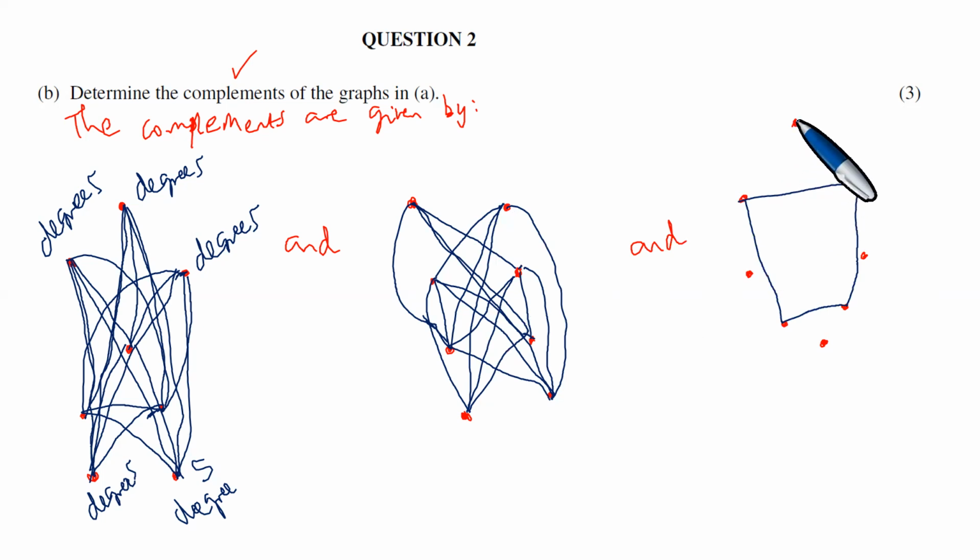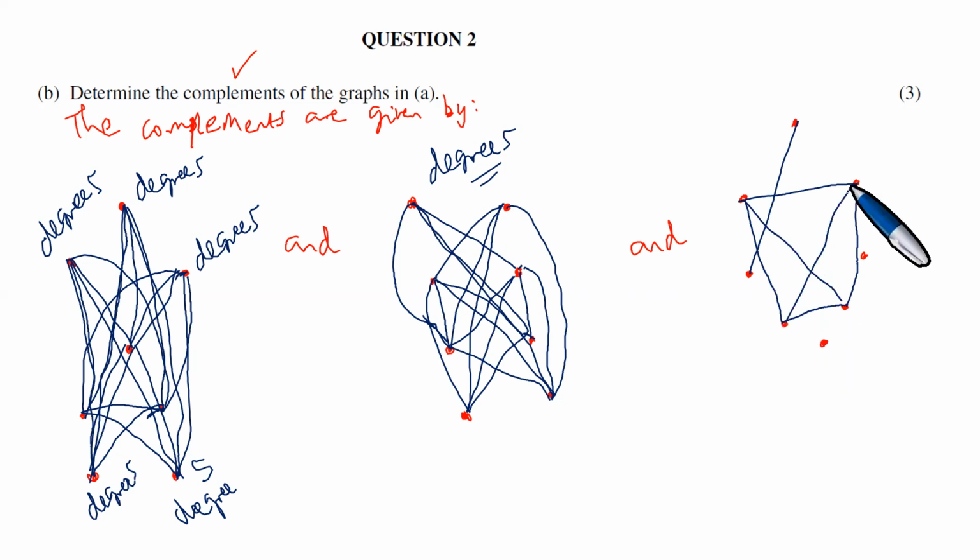And also join this one. Okay, but also I need to mention that each vertex here is of degree 5. Each of these vertices. Let's see this one. You just keep joining because these were not joined. These were not joined.